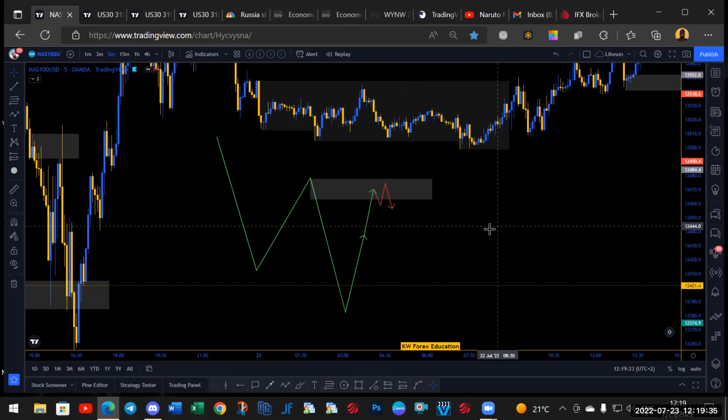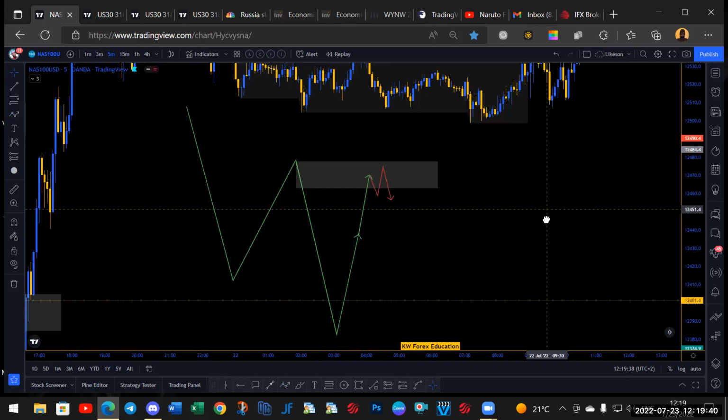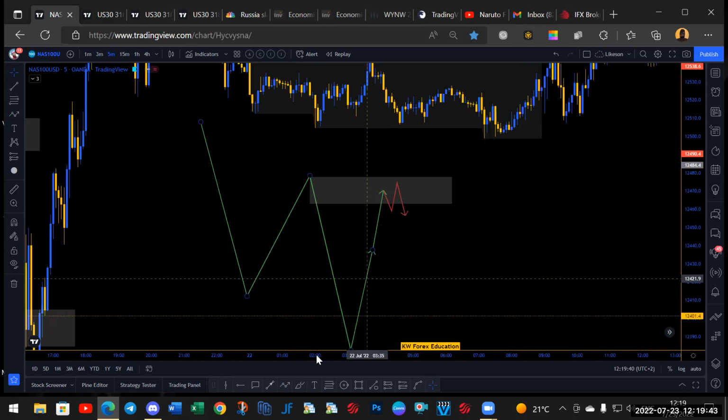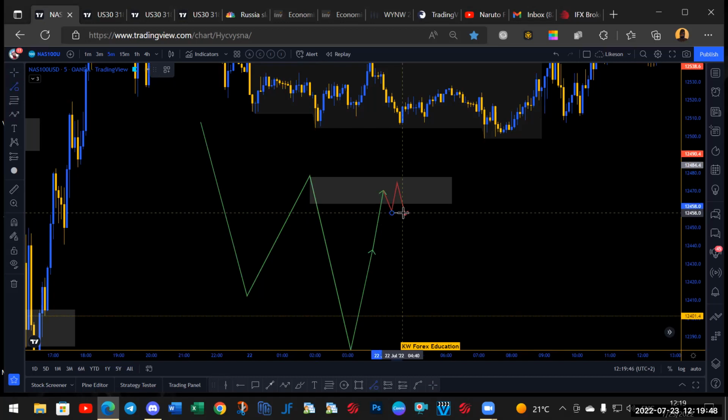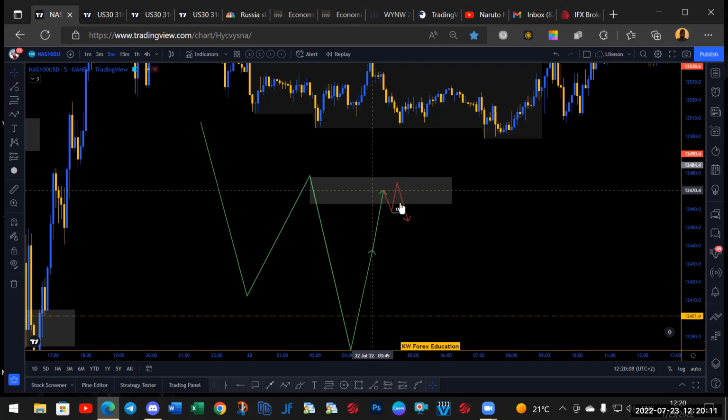When it does this, it's showing you signs that it's going to reverse, because here it has given you that change of character. It has given you that change of character because it has broken that low on 5 minutes, to show that price is rejecting this 1 hour order block.